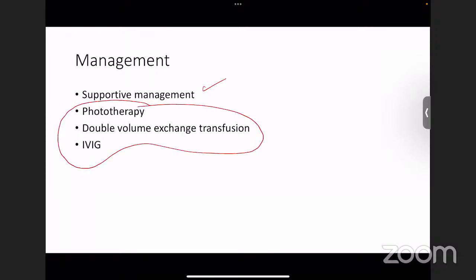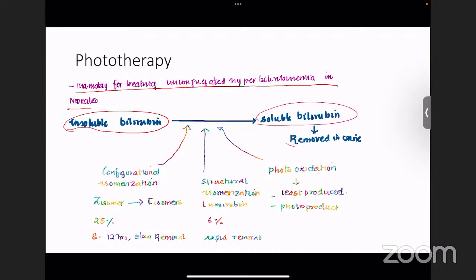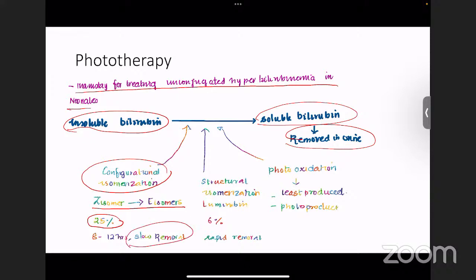Management is supportive, and then we go for specific things: phototherapy, double volume exchange transfusion, IVIG. Phototherapy is the mainstay for treating unconjugated hyperbilirubinemia in neonates. Insoluble bilirubin is converted to soluble bilirubin, which is removed in urine and feces. Configurational isomerization, where Z isomer is converted to E isomer, removes about 25% of bilirubin, but it is very slow.